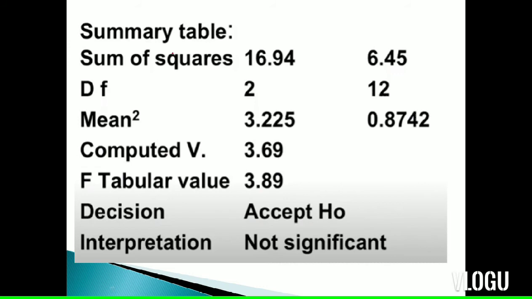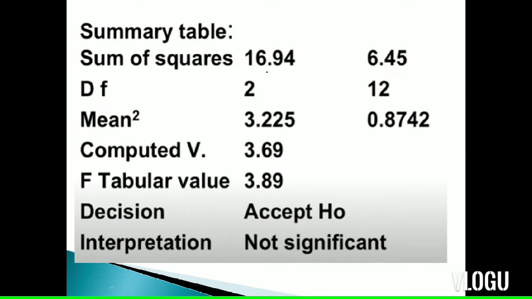So summary table, sum of squares so mo ni 16.94, 6.45 and DF degree of freedom 2, 12, mean squared 3.22 and 0.07442.